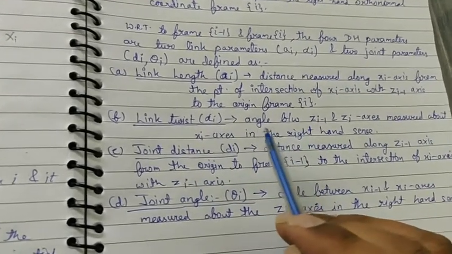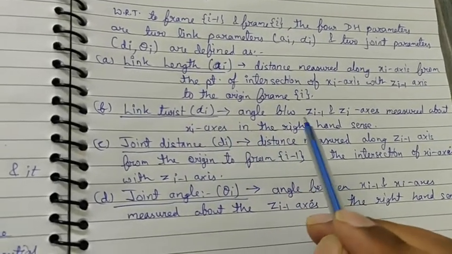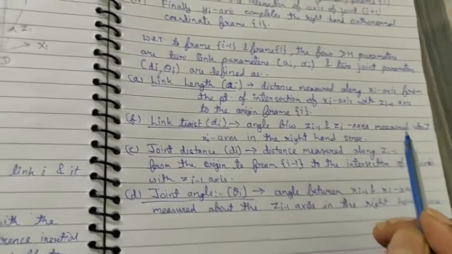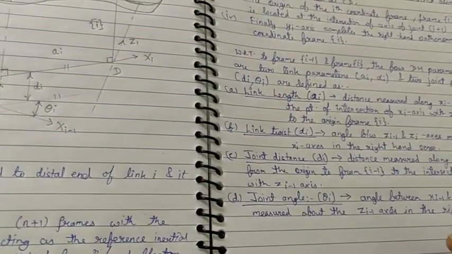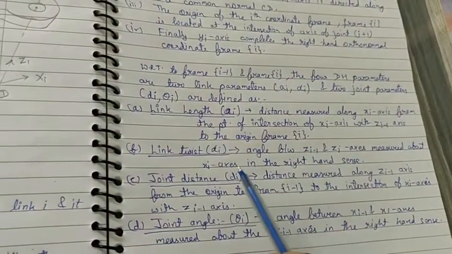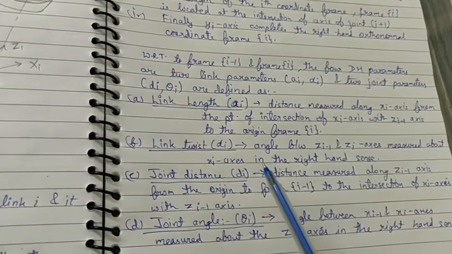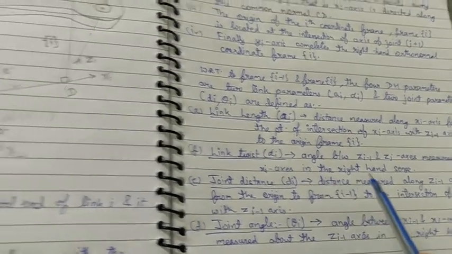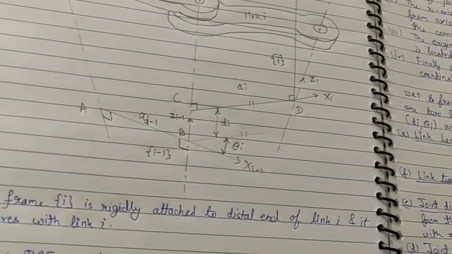Twist is the angle between the Z_i-1 and Z_i axes, measured about the X_i axis in the right-hand sense.